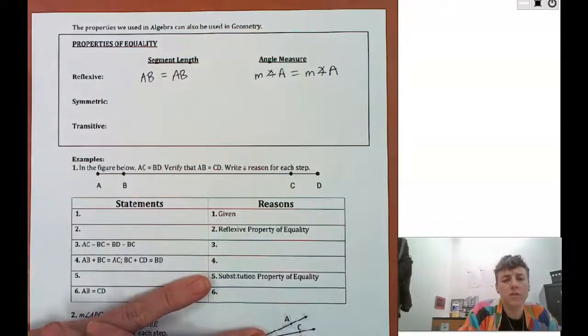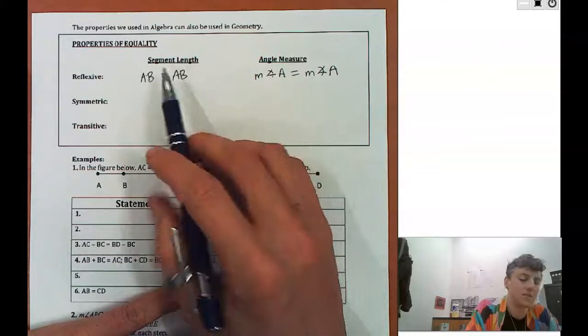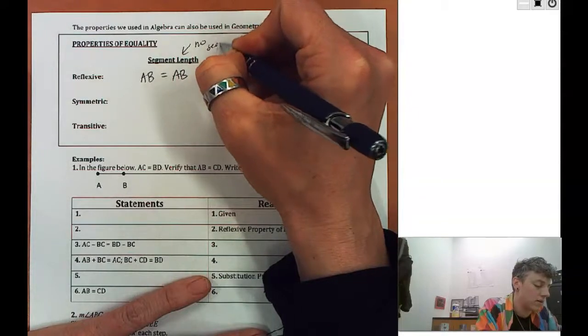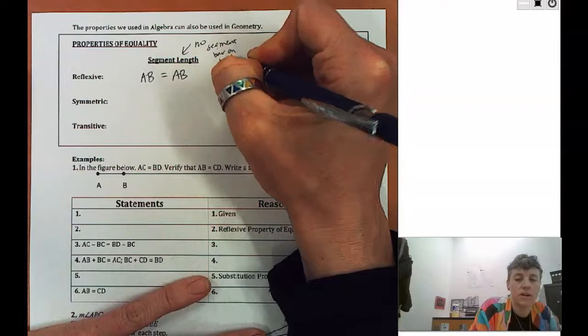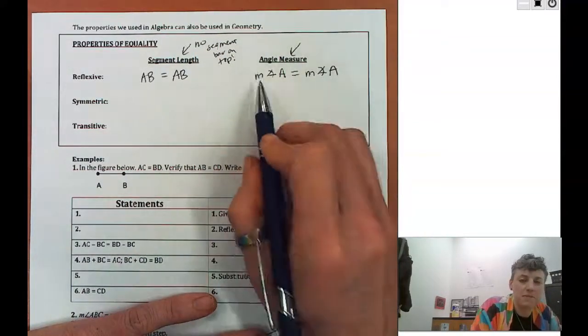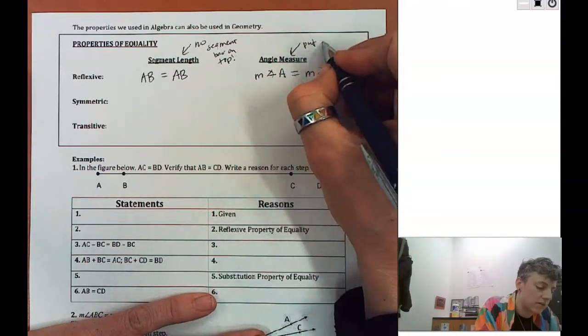So a quick note about notation. When we are talking about segment length, we do not put the segment bar on top. No segment bar on top. When we talk about angle measures, we need to make sure we put the M in front. Put M in front of angle.